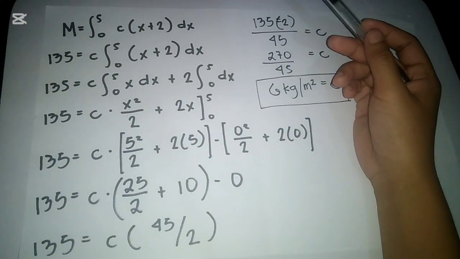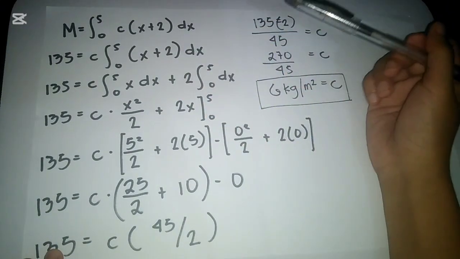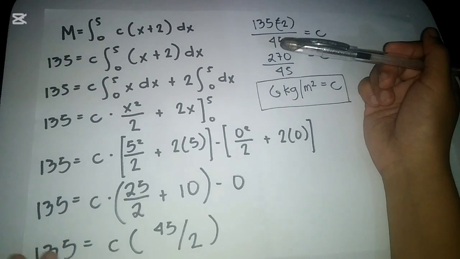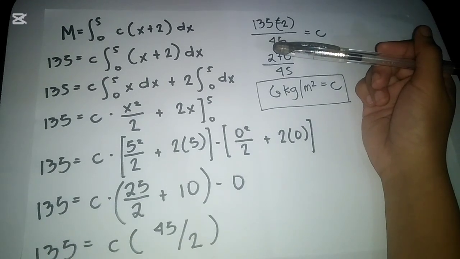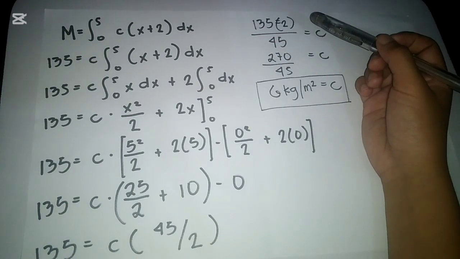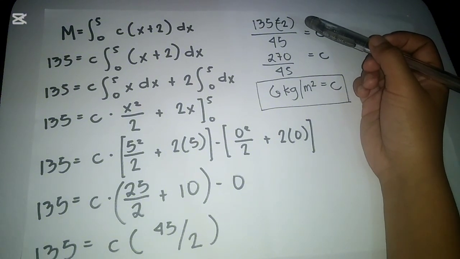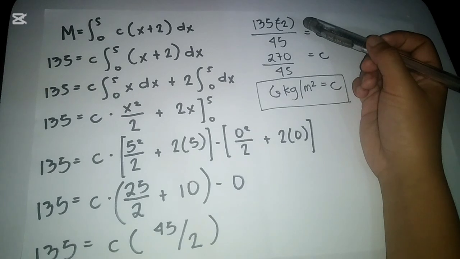So 135 is equal to c as a constant multiplied by the integral from 0 to 5 of x plus 2 dx. Next, we have c multiplied by the integral from 0 to 5 of x dx plus 2 multiplied by the integral from 0 to 5 of dx.